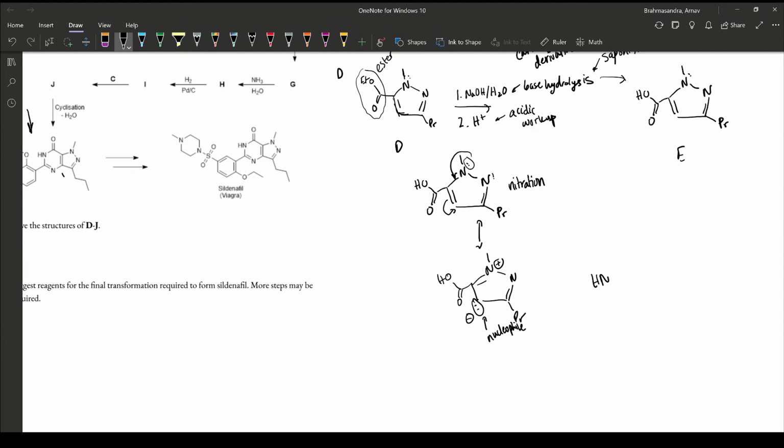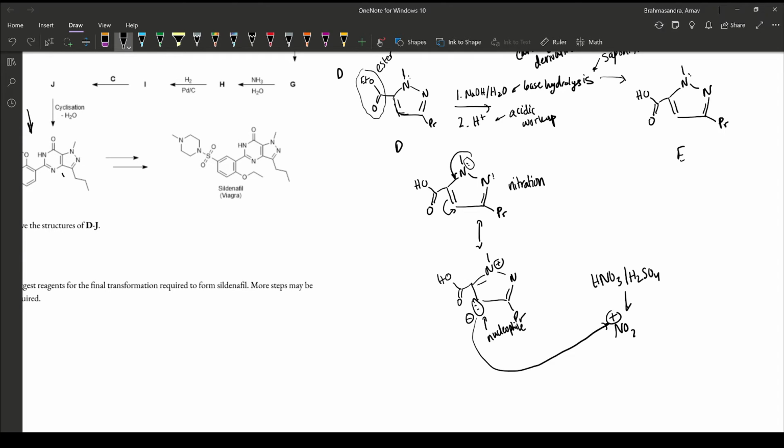When we have these HNO3 and H2SO4 reagents, what does this form? This forms NO2+, an NO2+ ion. So this negative charge on that carbon can go and attack this NO2+, just like it does in nitration of benzene. This is a reaction you should be familiar with.